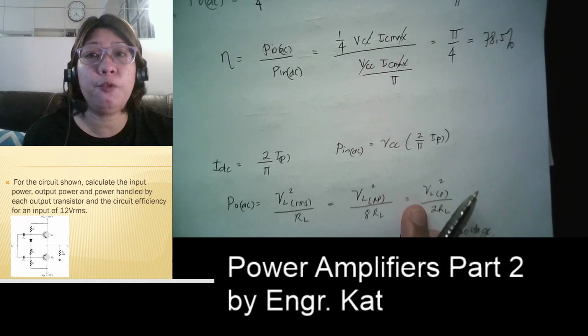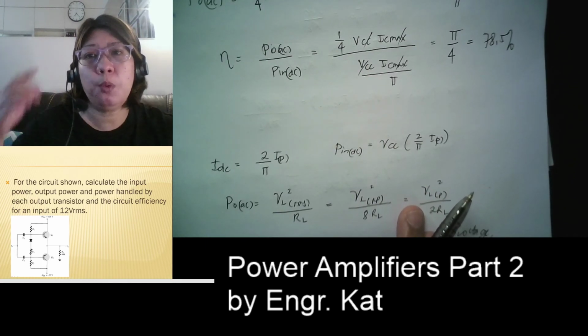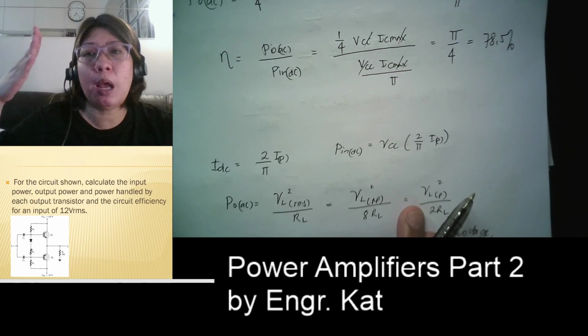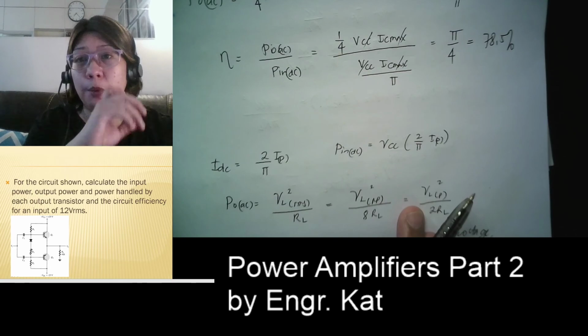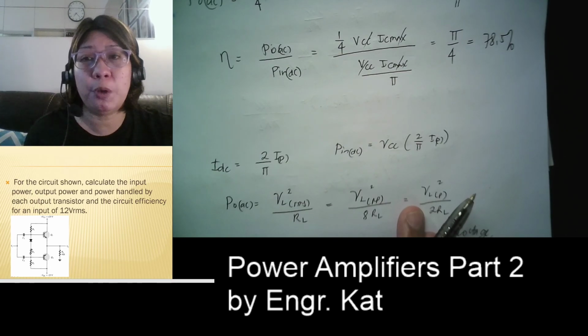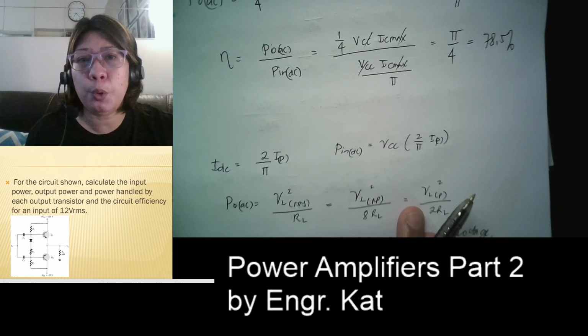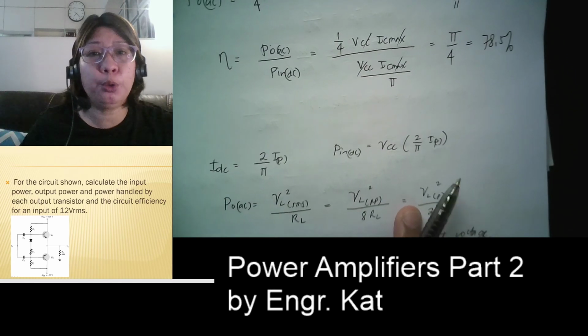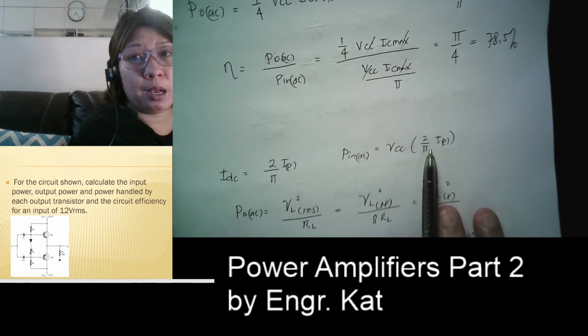If we just make use of only one Class B amplifier, our input is different from our output because our output will just be a half-wave rectified signal. So to get the full input, we will be using two circuits in a push-pull manner. Therefore, we have here 2 IP divided by pi.